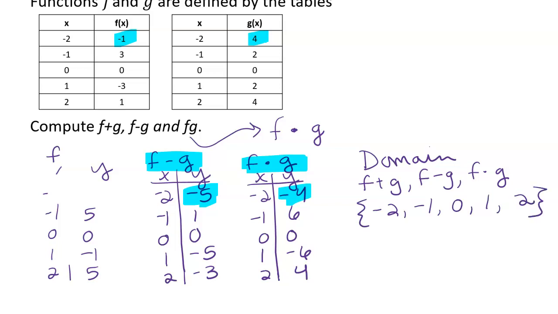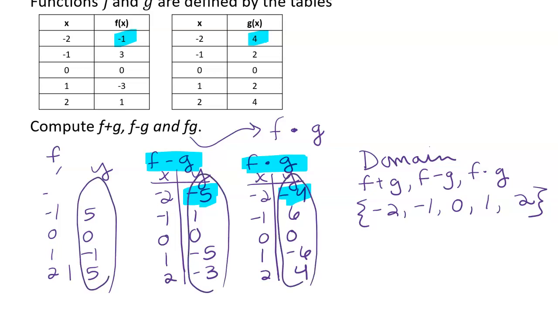And if you had to give your range, we don't do much with range with these, but you would just list these y values for each one. You would have to do the range separately for each one because the range does change because of the different outputs, but you would just list out those values as your range.